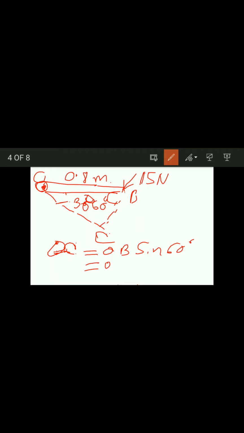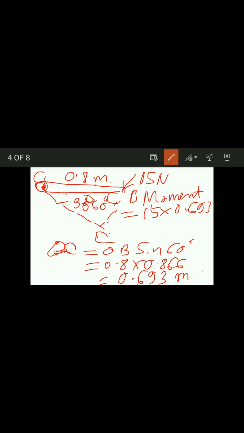That is equal to 0.8 into 0.866, that is 0.693 meter. So the moment will be 15 into 0.693, that is equal to 10.4 Newton meter.